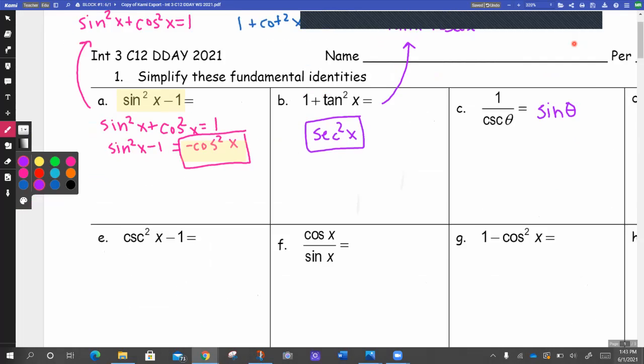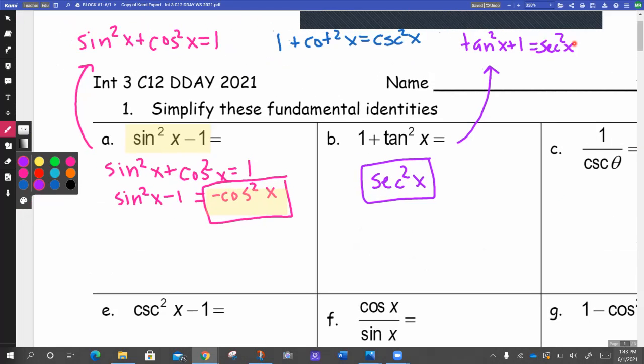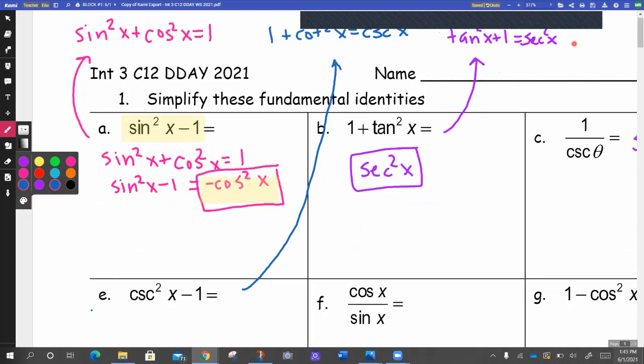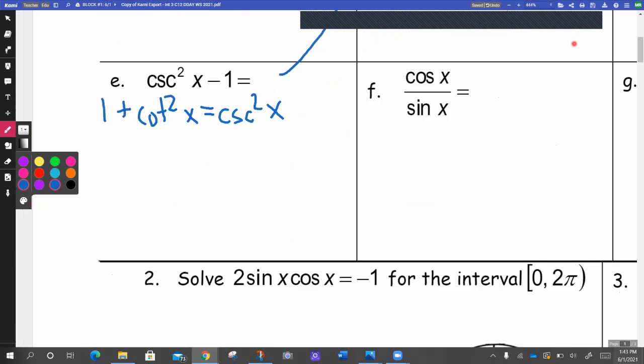Okay, this cosecant squared 1. So I am going to be looking to this one here, okay? And so let me just jot that down here. So 1 plus cotangent squared x is equal to cosecant squared x, okay? And so I am going to minus 1 from both sides.